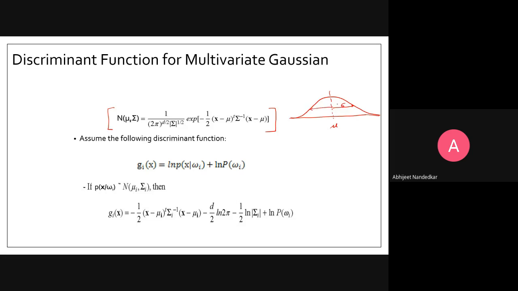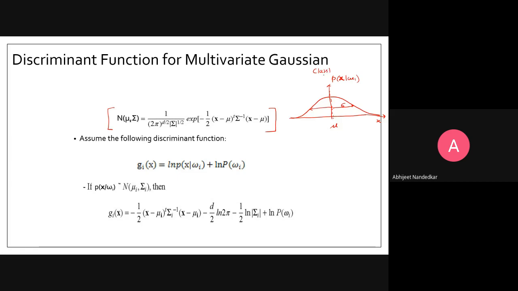Okay, so this will be the case of one dimension, and I can take this y-axis as probability of x given omega 1. That means this graph is for class 1.